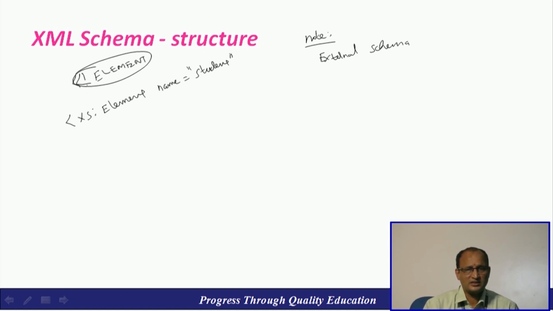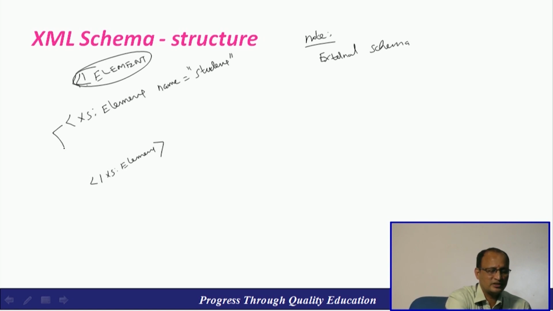After starting this, we should end with slash XS colon element. This is the way all elements can be structured, all elements can be validated. This is the way how an element can be defined.